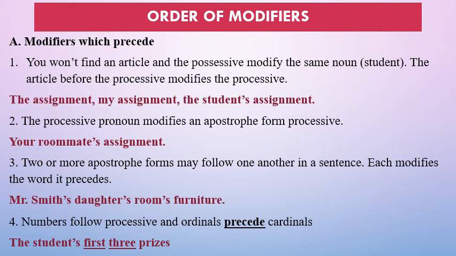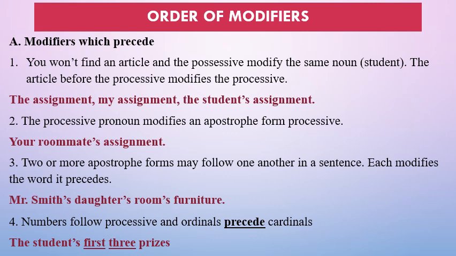A, we have modifiers which precede. And here we have number 1. You want to find an article with the possessive modify the same noun, student. The article before the possessive modifies the possessive. I think there's sort of a mistake because it needs to be modifies the noun. For example, the article the in the sentence the assignment, and we have my assignment in the other sentence.